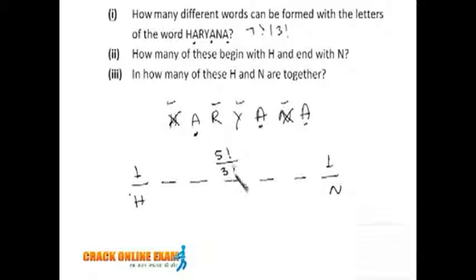So 3 factorial we will divide, right? So 5 factorial is what? 120, and this is 6, so it's 20 ways, right? So 20 ways will be there when the words begin with H and end with N, right? So this is also clear. This is 20 ways.